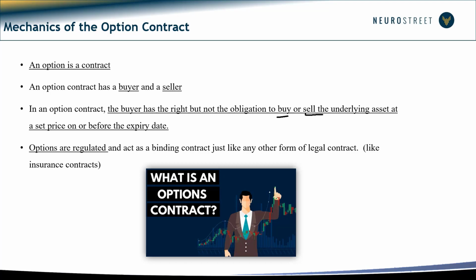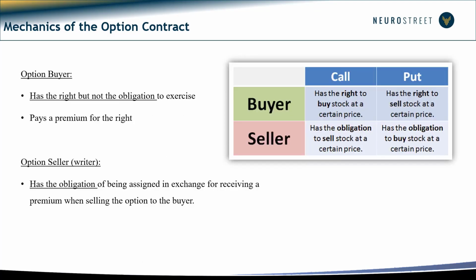And so that's why you can participate in both calls and puts. As a buyer, this is a bullish position and this is a bearish position. So this is looking to go up and this is looking to go down.